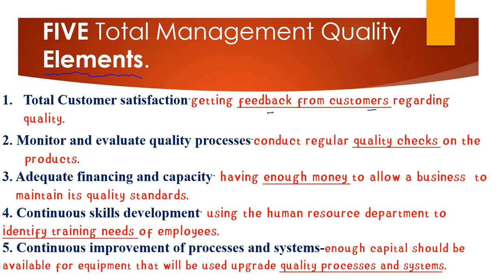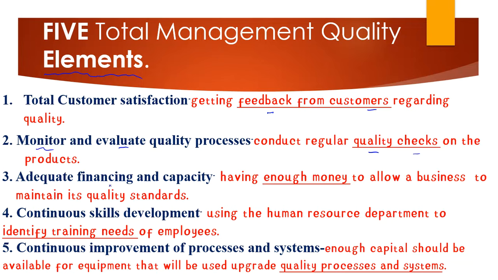That's number 1. Number 2, monitor and evaluate quality processes. So here we can conduct regular checks on the product. That's what it means to monitor and evaluate. We keep checking the products. We monitor and we check the products to make sure that the quality is maintained.